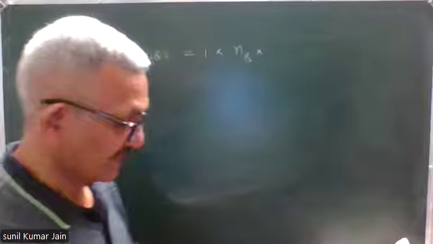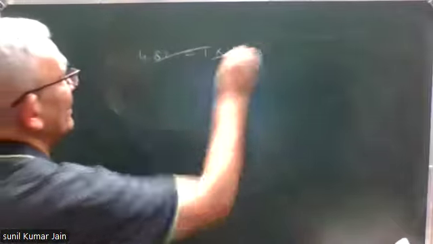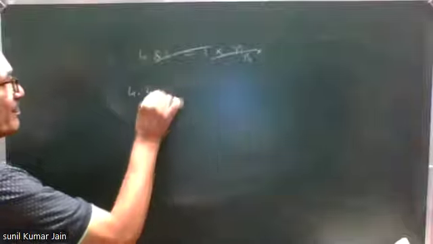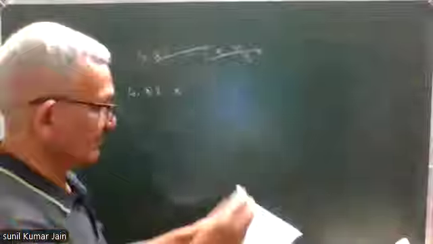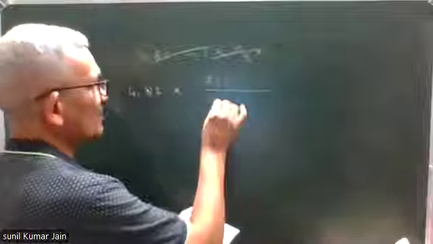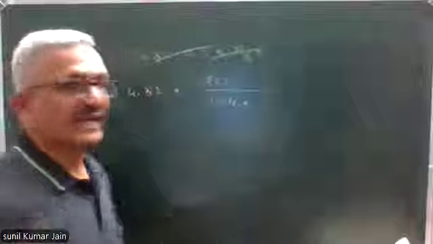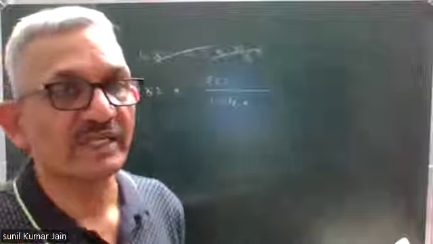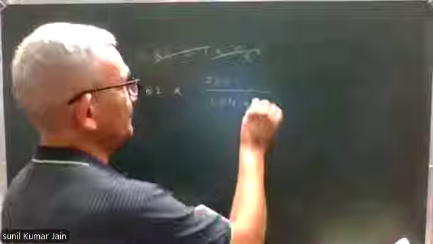Pi V is equal to i n R T. Volume will be weight of solution divided by density. Weight is 260 divided by density is 1.04. Again divide by 1000 so that it is converted into liters.